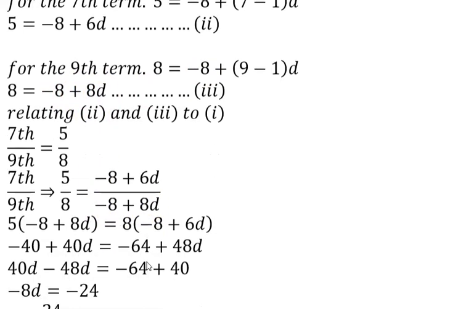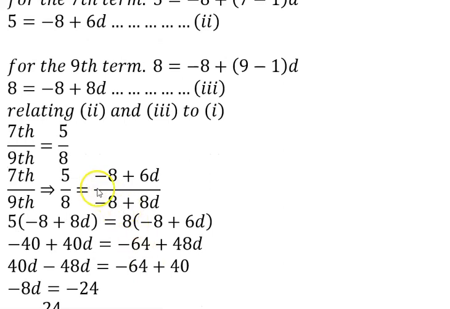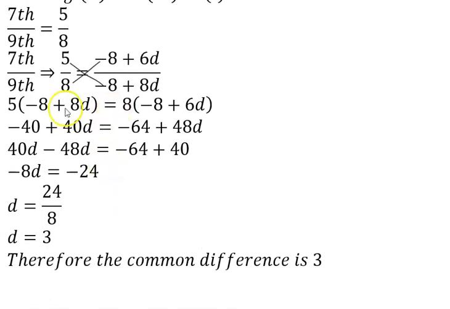Awesome. Beautiful. So, all we just need to do is to cross multiply. This 5 will multiply all we have here, and this 8 will multiply all we have here.